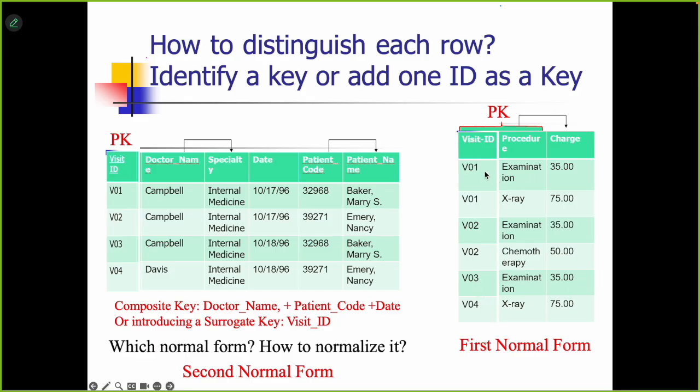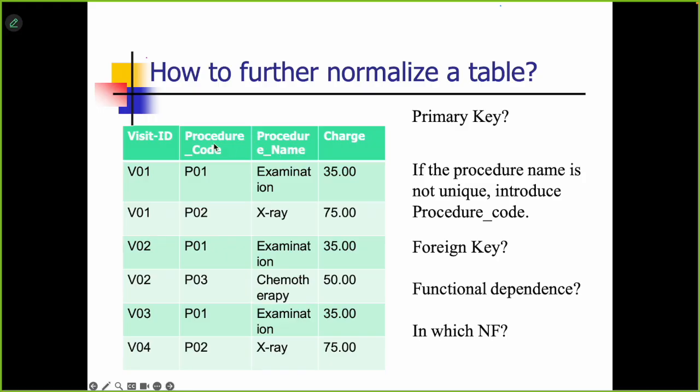And then the table on the right is also in first normal form, and we also need to further normalize this table. Normalization of this is in the next two slides. Here, procedure code, name, charge, we also added visit ID, right? So now that we added visit ID, and we have this composite primary key, visit ID becomes the foreign key.